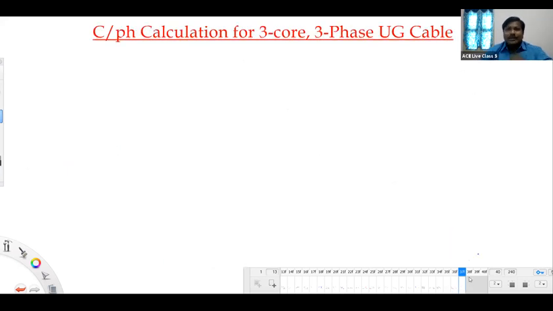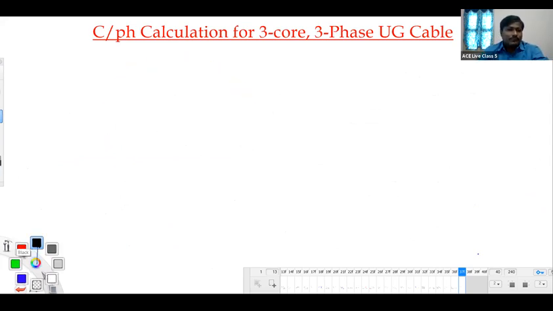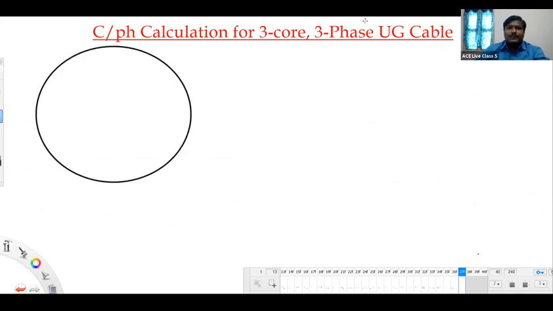Let's take up that cable now. So it's a 3 core cable. Outer conductor, the sheath, you can say. Now I will show 3 conductors here, A, B, C, in small size.